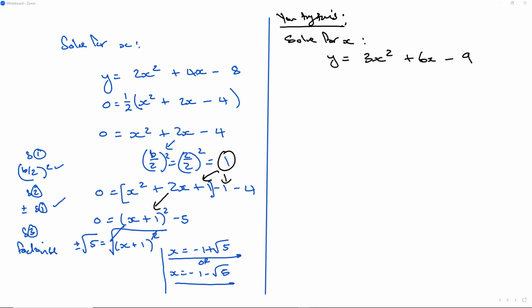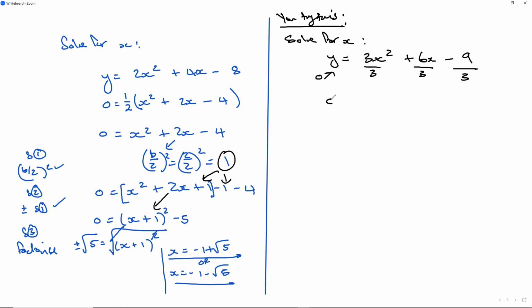Alright, let's go through this question now. So remember, we need to get our a value to be 1. The a value at the moment is 3. So I need to divide every single term by 3. And I can make y equals to 0 as well.